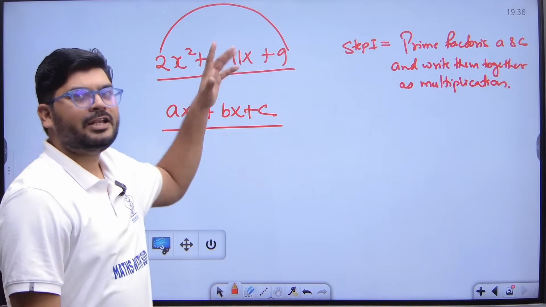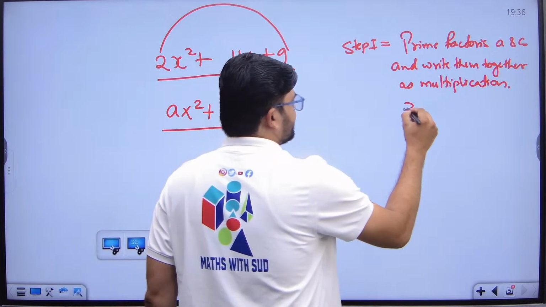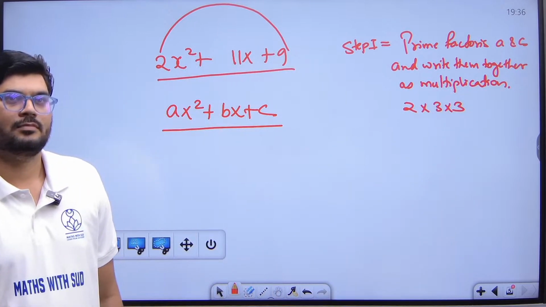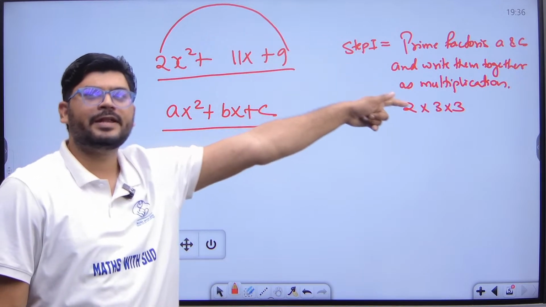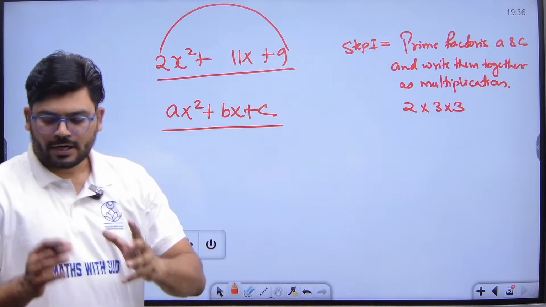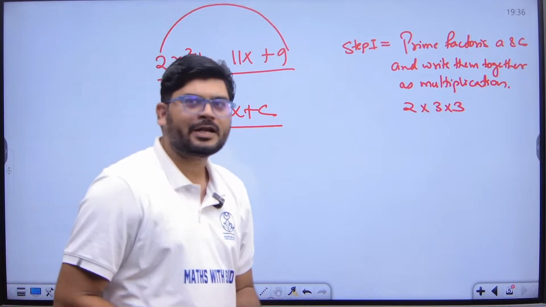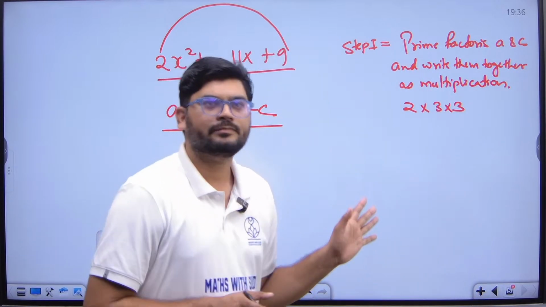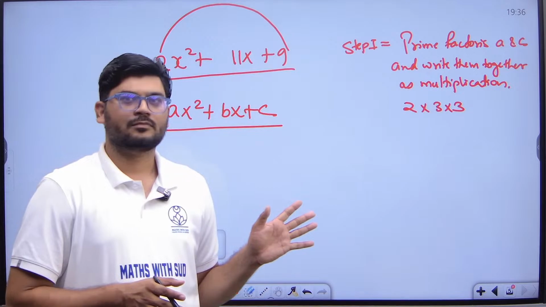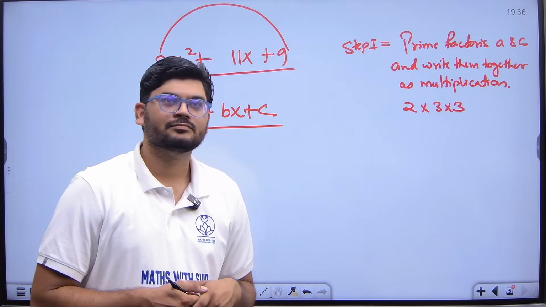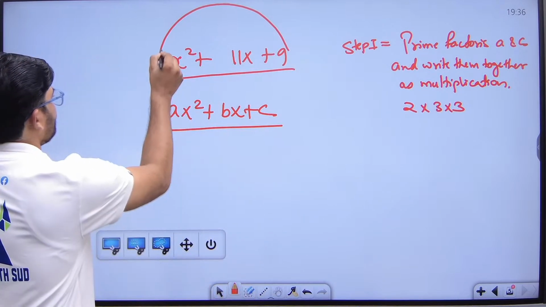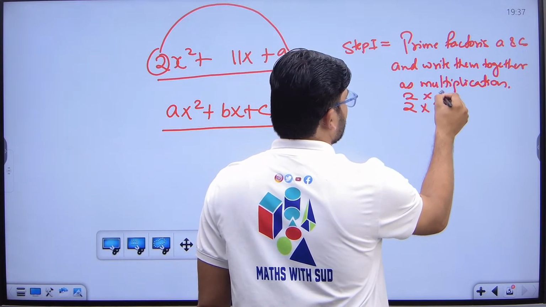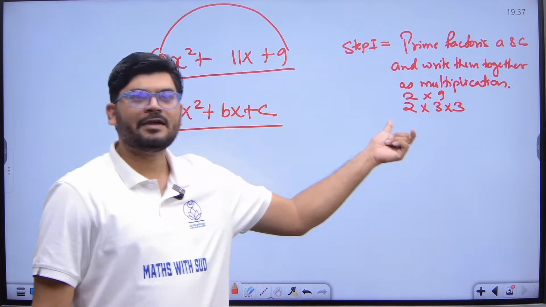Yes. So simultaneously what you can do is write it like this: 2 into 3 into 3. I have done the prime factorization of 9 simultaneously. Rather than multiplying and doing the prime factorization, just do the prime factorization right in the form of multiplication. How did it become 2 into 3 into 3? See, this is 2 and it was 9. So 2 into 9. 3 into 3 is the prime factorization of 9.